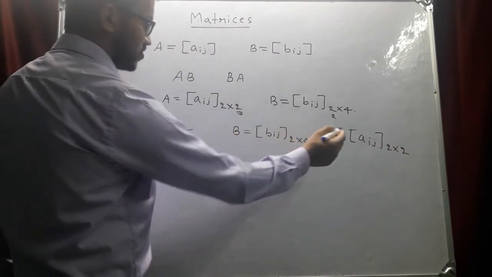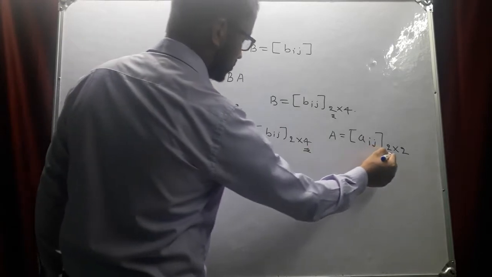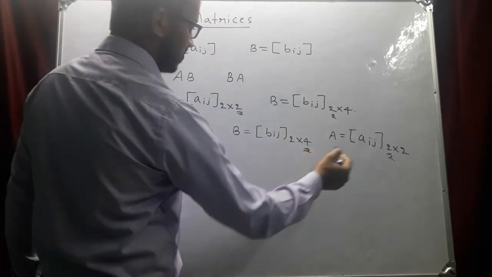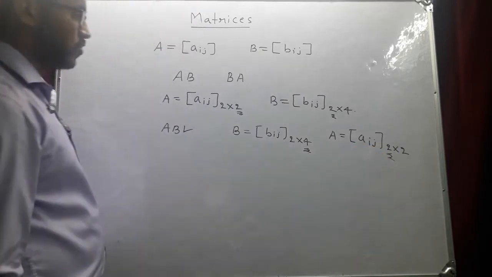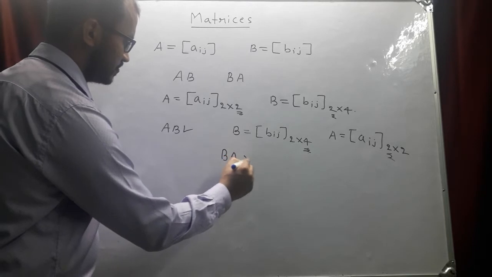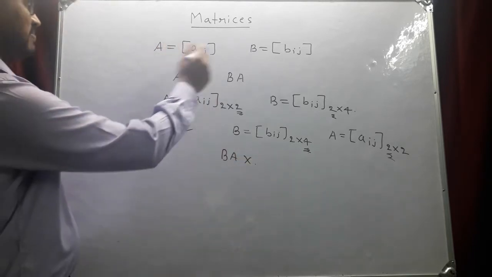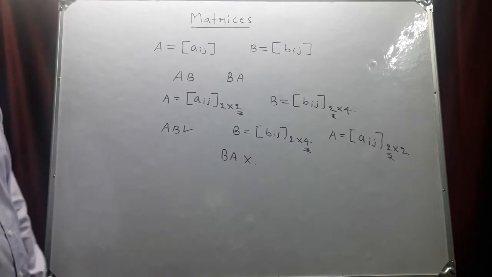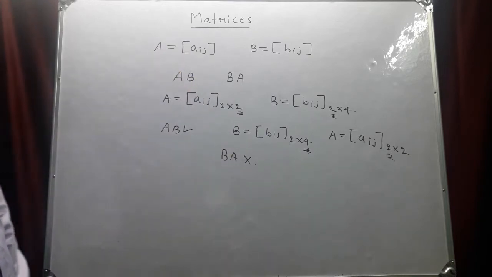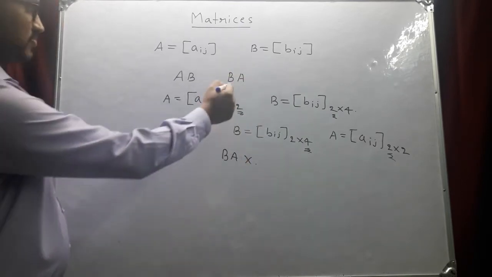So to find the product BA, the number of columns in B should be equal to the number of rows in A. It is not equal, 4 is not equal to 2. So we cannot find the product BA. You have to remember this one. If A and B are any two matrices, if we can find the product AB, then it need not be that we can find the product BA.